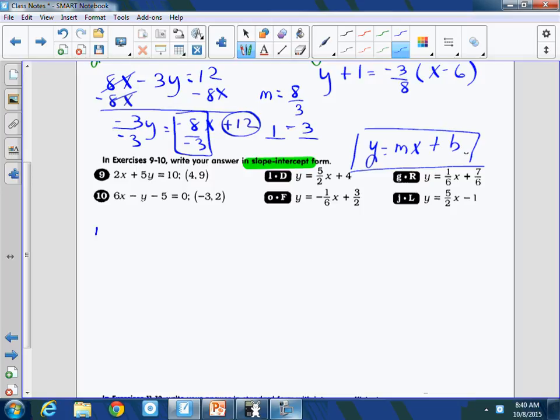I don't have any of them. Okay, so I'm going to start with the first one. 2x plus 5y equals 10. So how can I figure out the m? Solve for y, which would be to take away 2x.